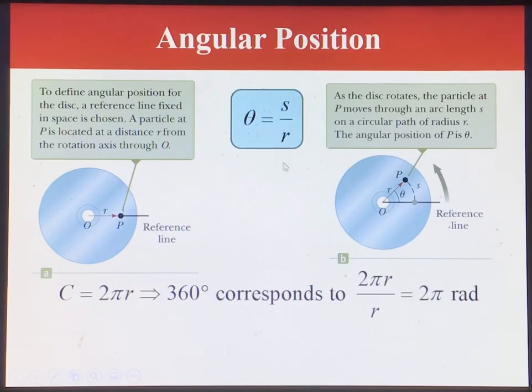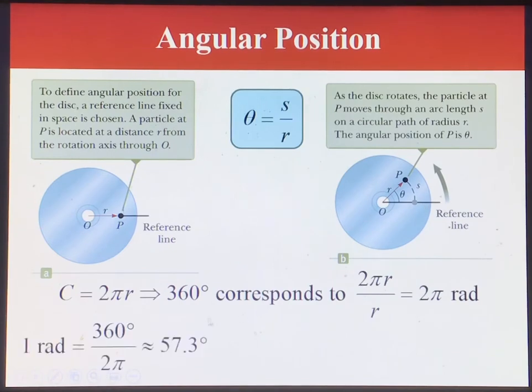Notice that if I substitute theta equals 2 pi, so by the time that we do 360 degrees, we know 360 degrees is equal to 2 pi, then I can calculate my circumference. So my circumference is just given by 2 pi times radius, which is the total arc length in one revolution.